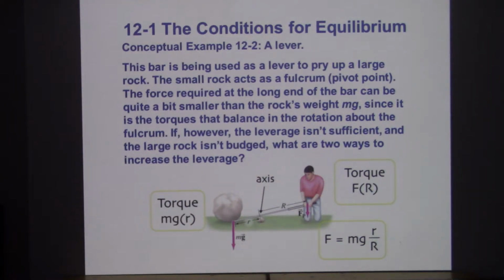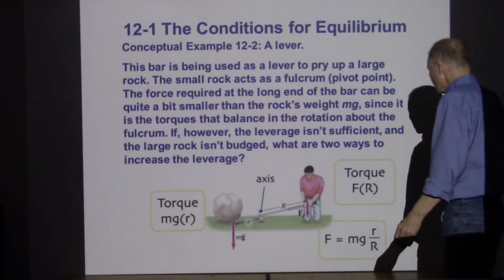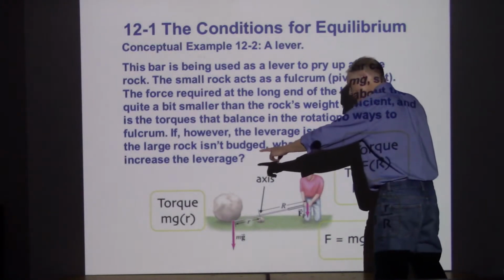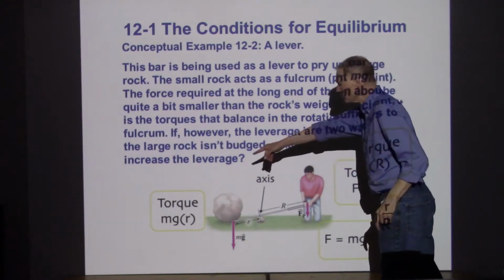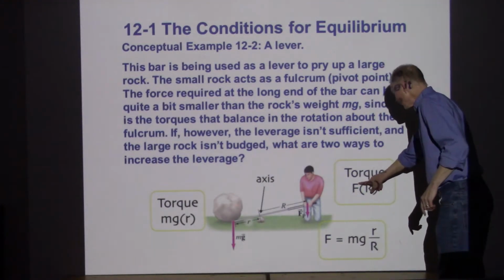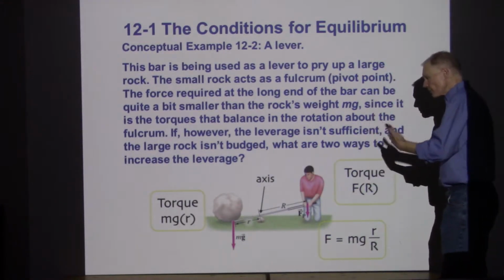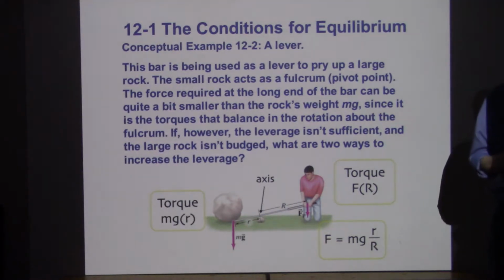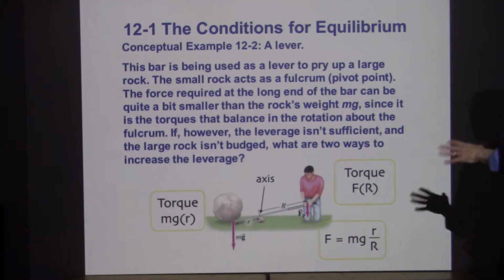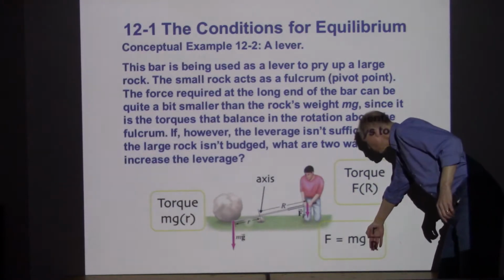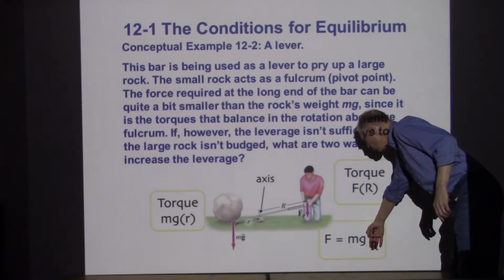So the rock could be really, really heavy and have a really large gravitational force, but if I take these two torque expressions, mg r and F times R, set them equal to each other, and then solve for F, this person does not have to push with mg amount of force.